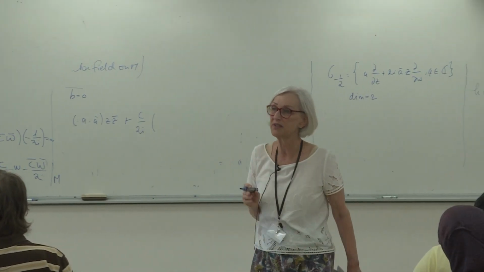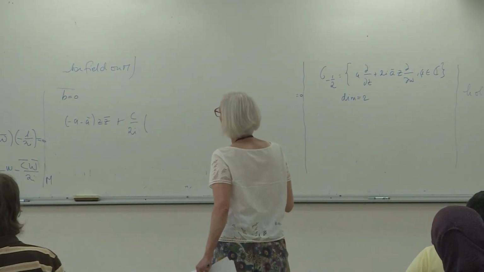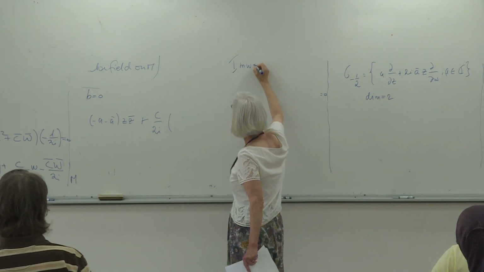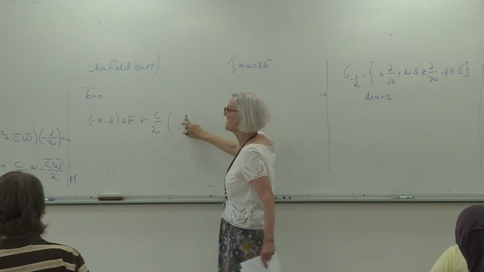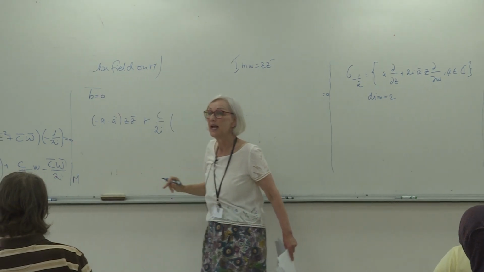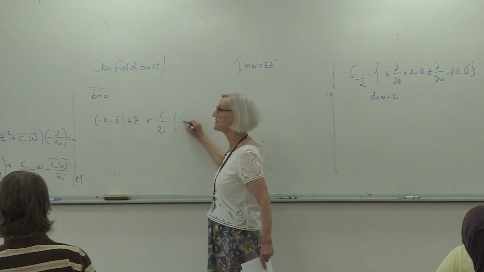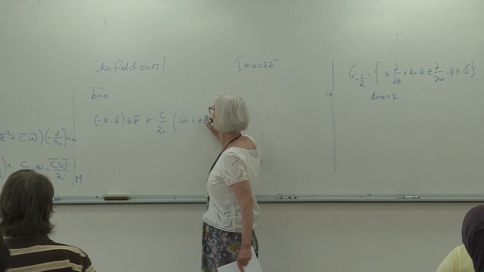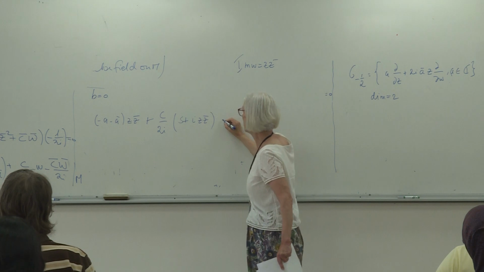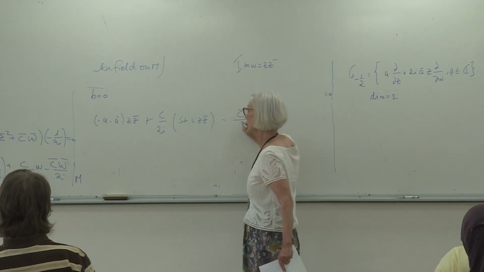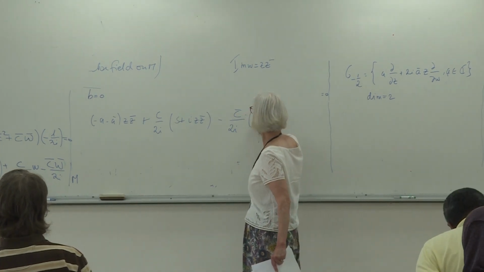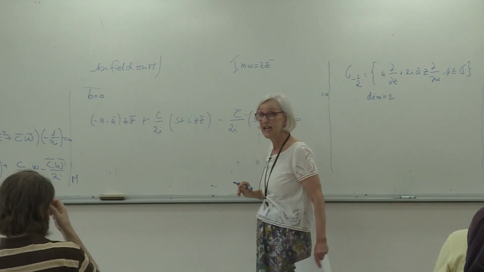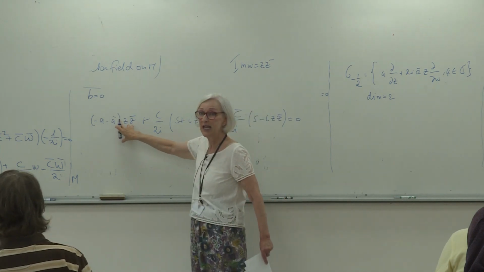It's S plus i Z Z bar, right? So I get minus C bar over 2i, S minus i Z Z bar, is equal to 0. Okay? And now I collect all the terms in Z Z bar.